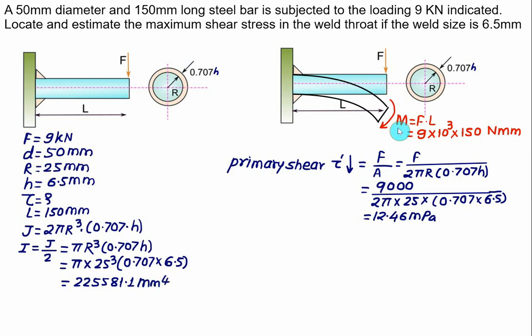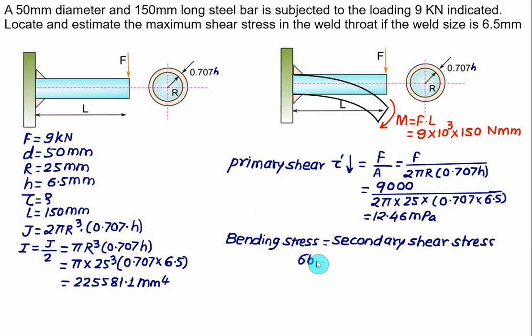The bending moment will produce the bending stress, which we call the secondary shear stress. We can represent it as sigma b maximum, that is the normal stress, or we can call it tau double prime, and we have to use the flexure formula.